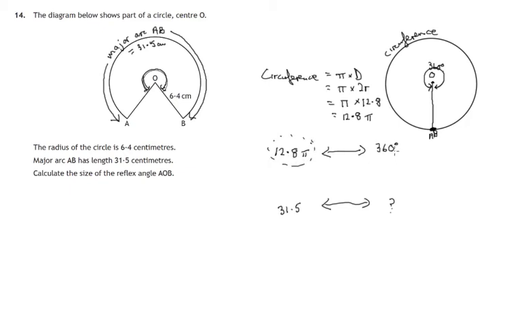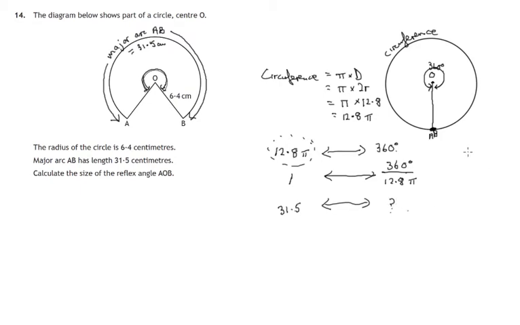So this number goes with 360, so the number 1, if we divide by 12.8 pi to get 1, divide both of these numbers by 12.8 pi, and then to find 31.5 we'll multiply 1 by 31.5, so we'd multiply this by 31.5.